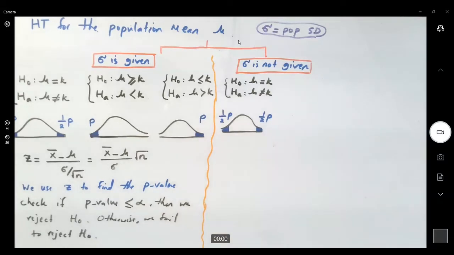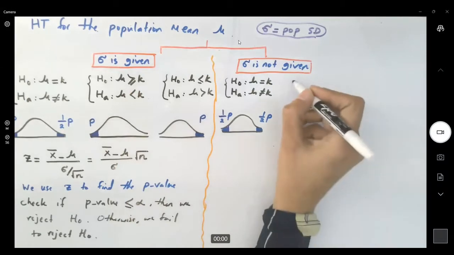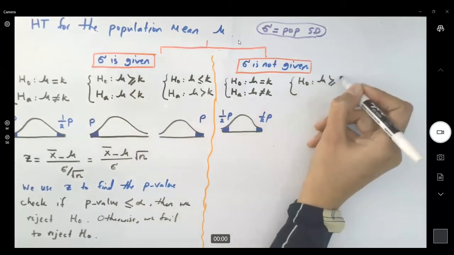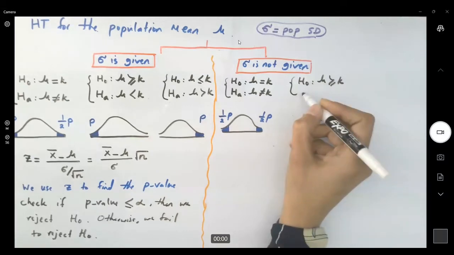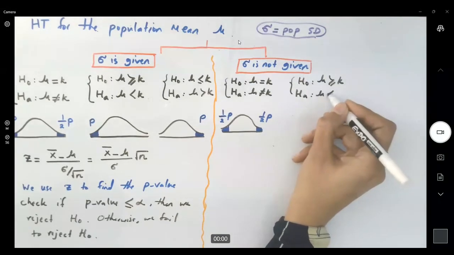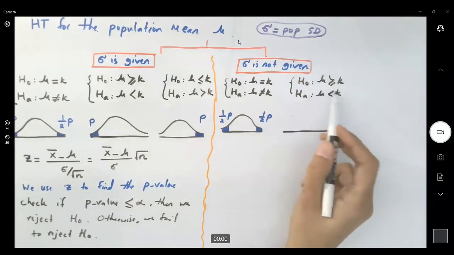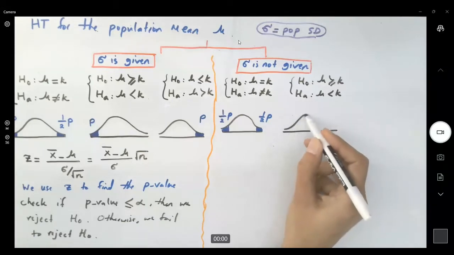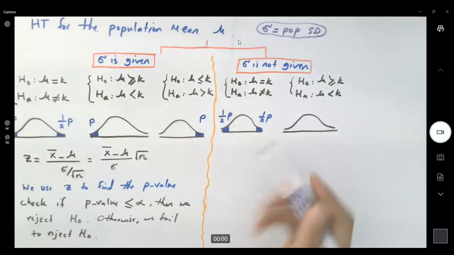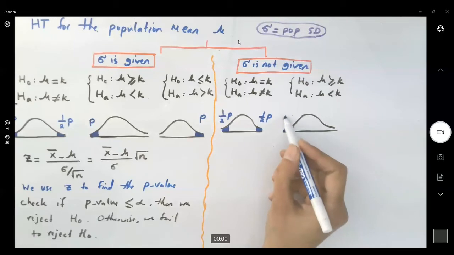The second scenario is when mu is larger than or equal to k. H naught: mu is larger than or equal to k, so its complement is mu is less than k. Since we have less than, you get a left-tailed graph. It means that this p-value, the probability, is on the left-hand side.